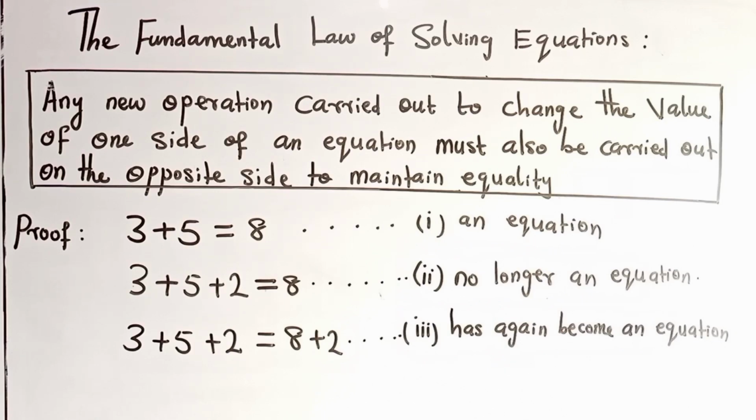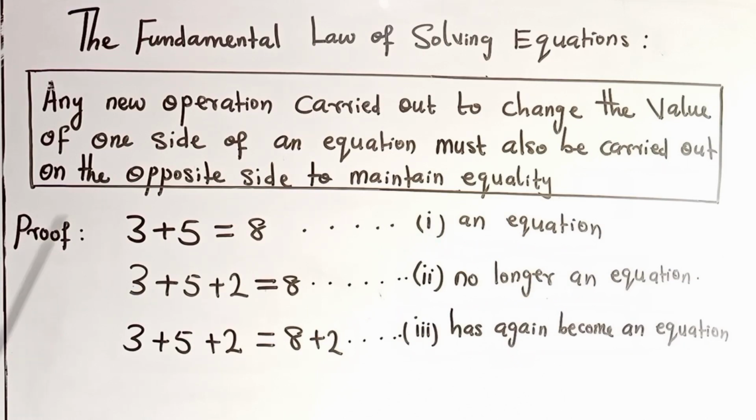Now, let us try to prove that anything that we do to the left-hand side must be repeated on the right-hand side, that is, if what we do changes the value of the left-hand side. If we do something to the left-hand side and it does not change its value, we must not necessarily repeat the same procedure on the right-hand side.